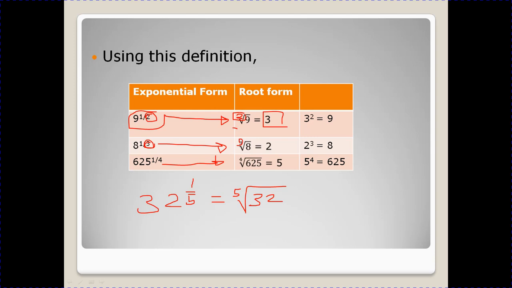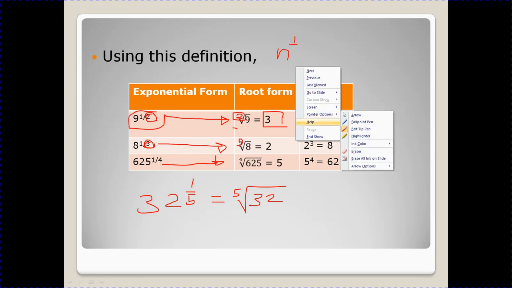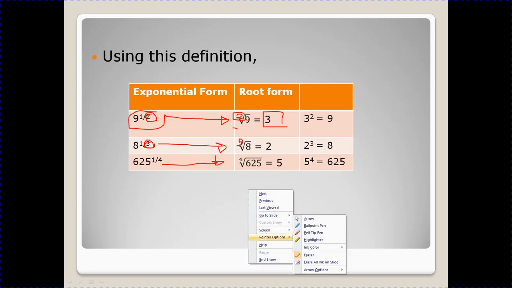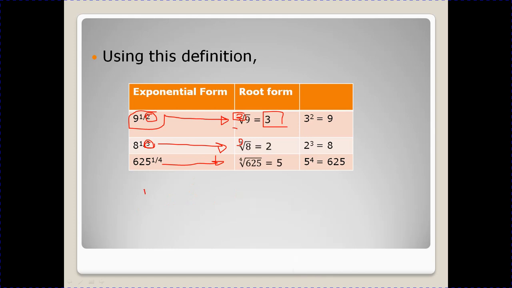Okay, so what if I have the nth root? I'm sorry, I have b to the power 1 over n. I'm going to erase this. What if I have b to the power 1 over n?